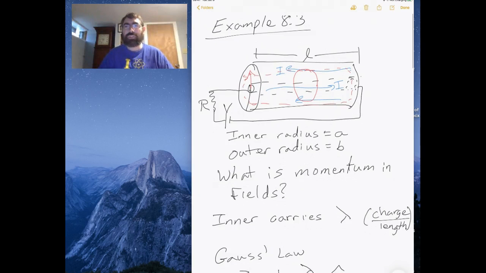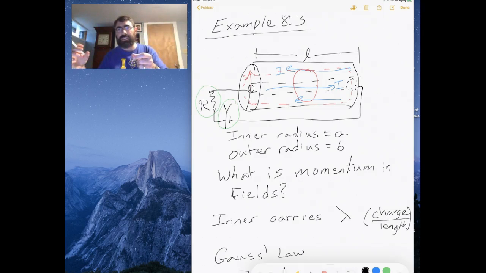Okay, so here is the picture where we have our battery right here. It's hooked up to a resistor, and now it's hooked up to that entire coaxial cable, which is essentially a conductor, a small cylinder in the middle, and a larger cylinder on the outside, where current can flow.